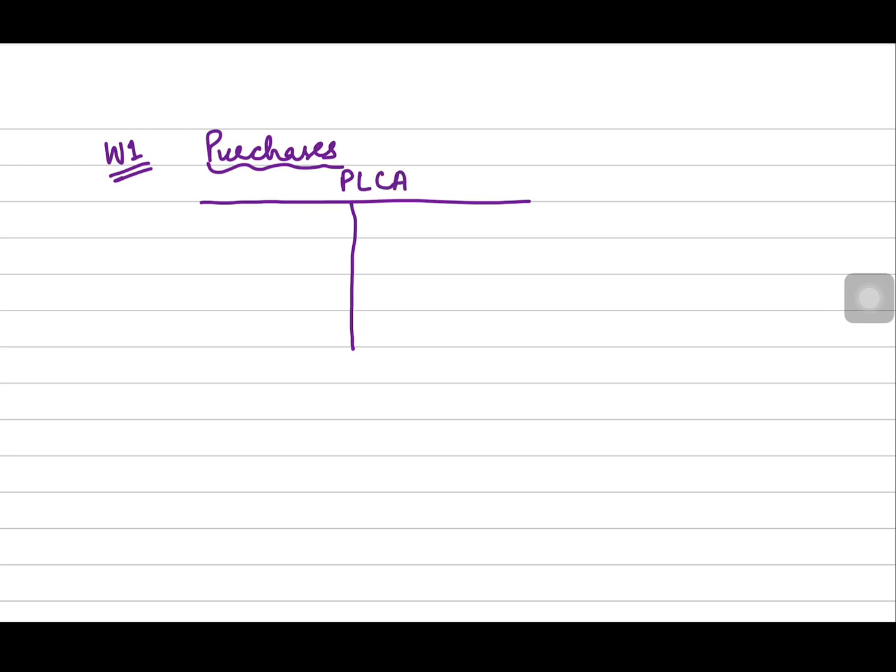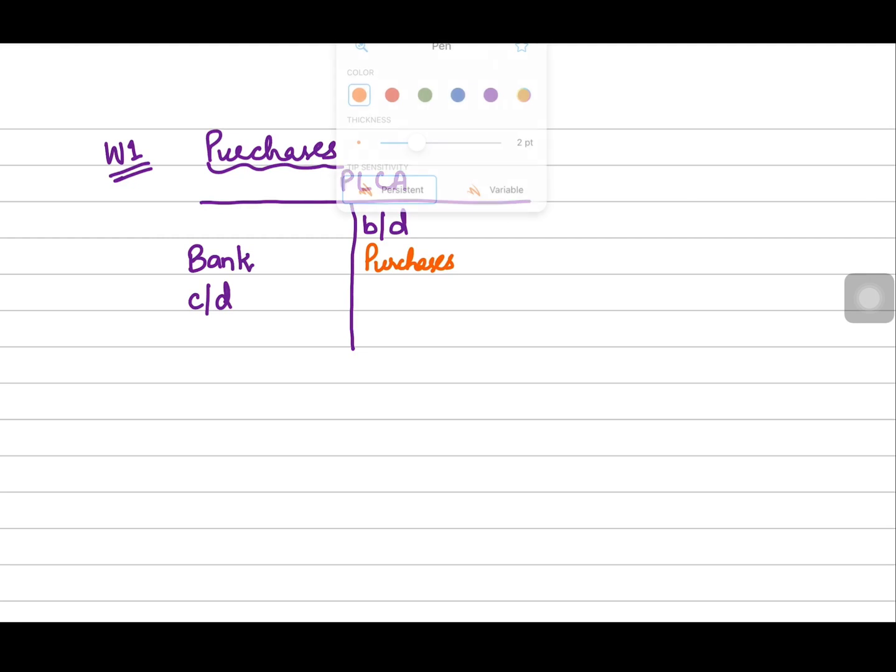The balance brought down will come on the credit side, because it's a total creditors account. All liabilities are brought down on the credit side and carried down on the debit side. Then any payments to the suppliers are debited in the purchases ledger control account because bank is credited for that. And lastly, we have to find the purchases, which will be on the credit side, right?